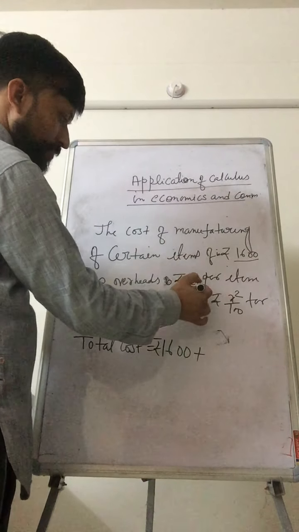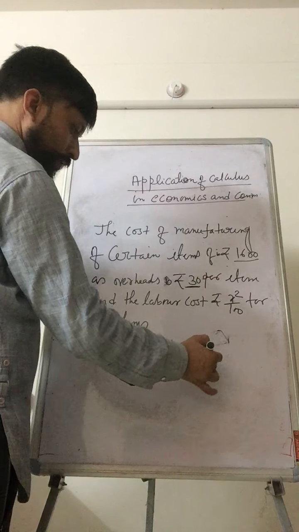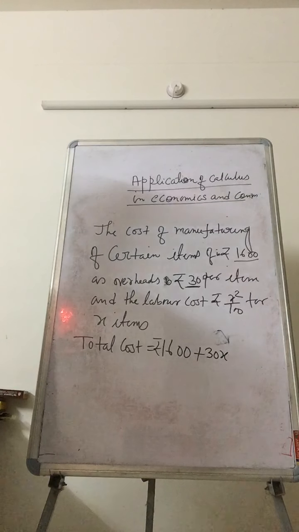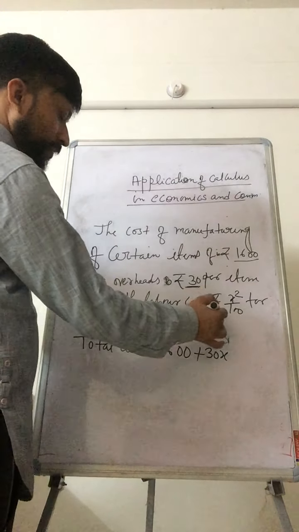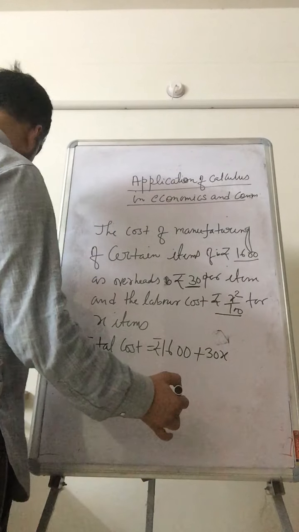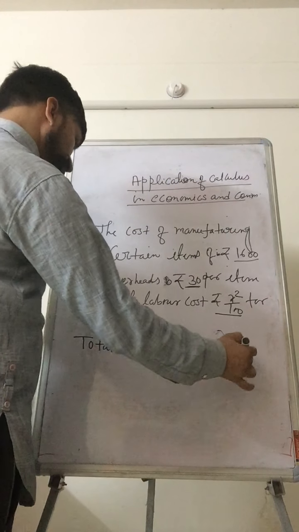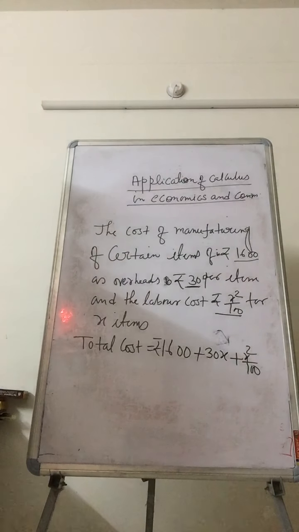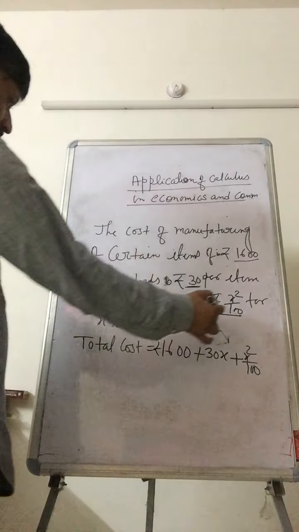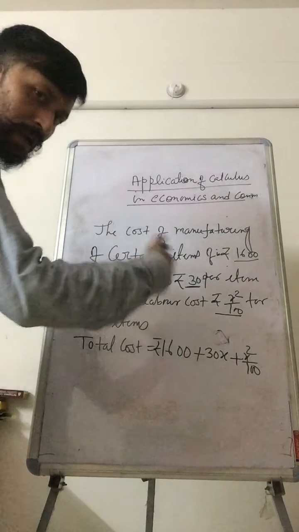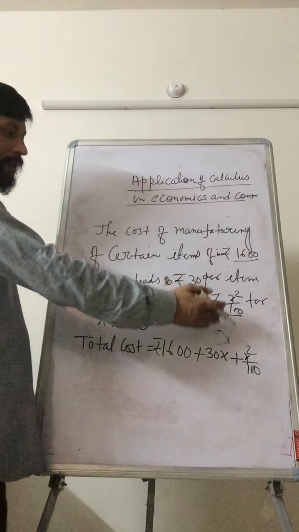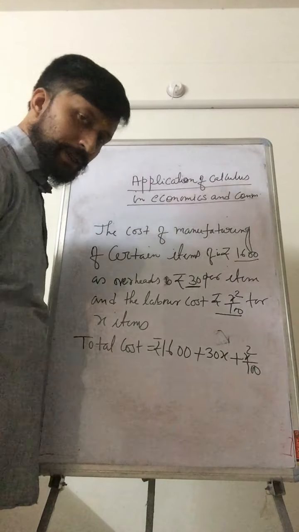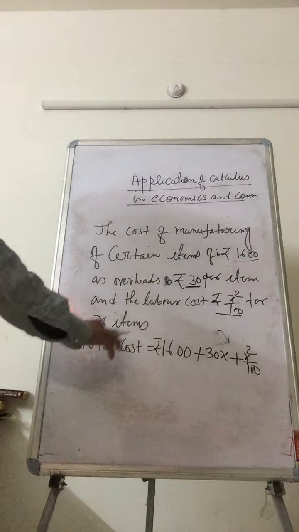So if the company is manufacturing x items, it will be 30x. Then the labor cost, plus x square by 100. If more is produced, then more labor will be required, and in that case labor cost will also increase. So this is the total cost function.